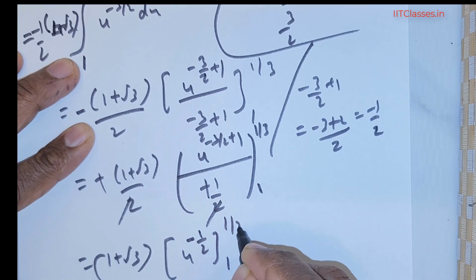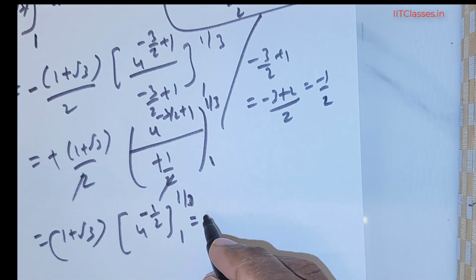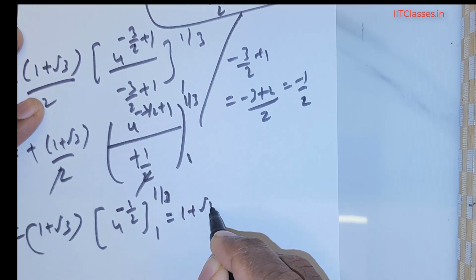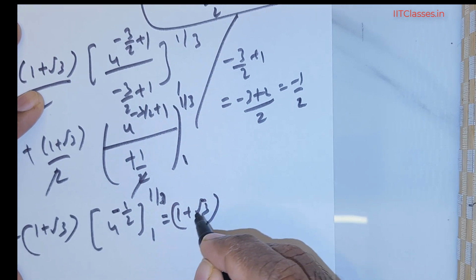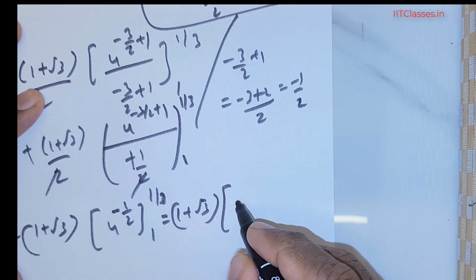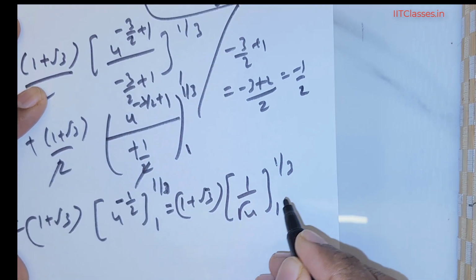The limits are 1 to 1 over 3. So we will have to substitute the limits. I substitute the upper limit. In fact, I can push this down, right? It's going to be 1 over root u. The limits are 1 to 1 over 3.